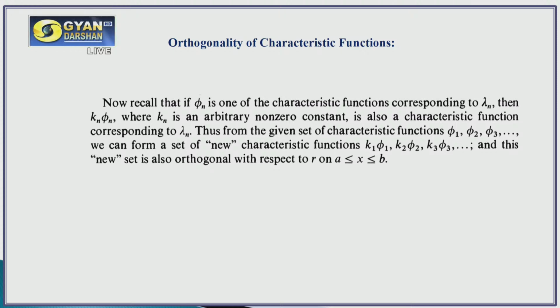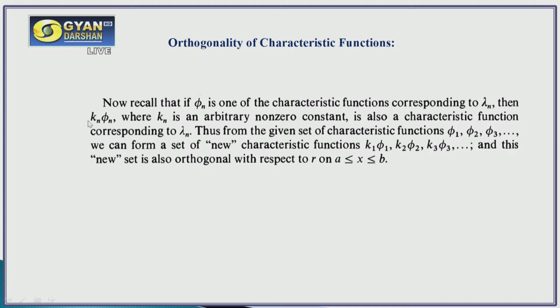So phi n is the characteristic function, that means these are the solutions of the Sturm-Liouville boundary value problem for each characteristic value lambda n. So for each lambda n you have a phi n. Now if we multiply this phi n with a constant, it will again be a characteristic function for this lambda n. We have seen that in result 2 of our first theorem.